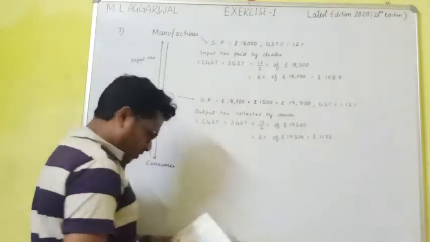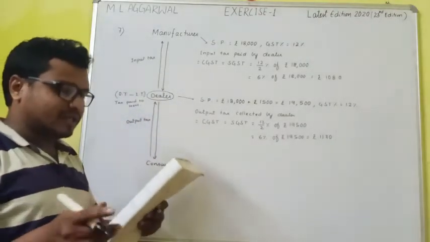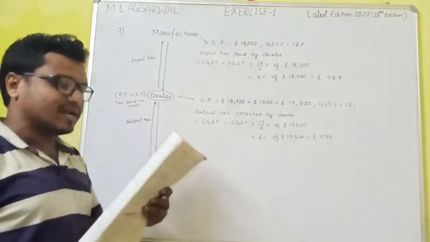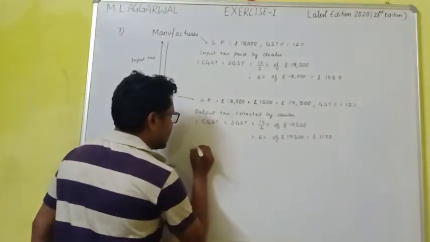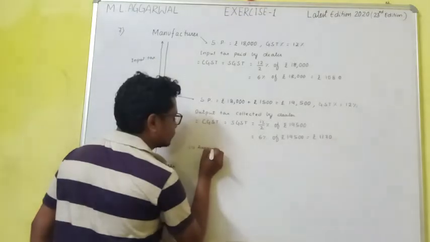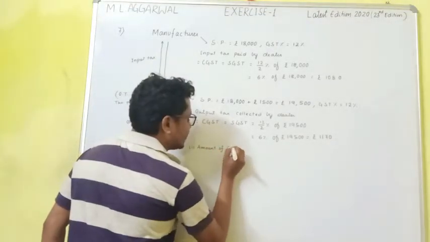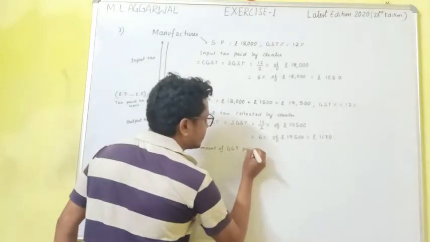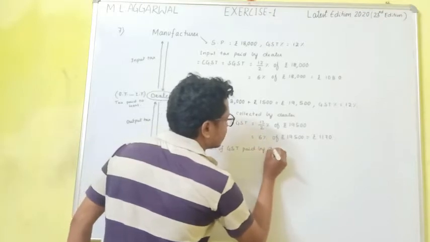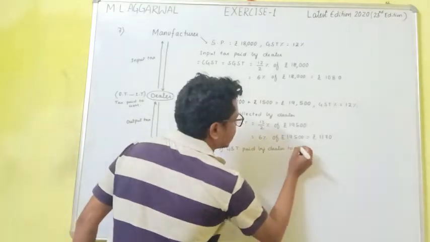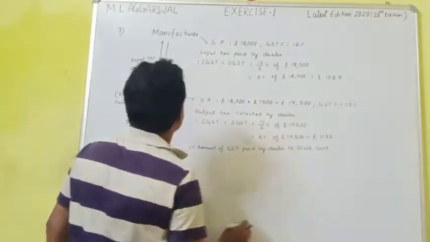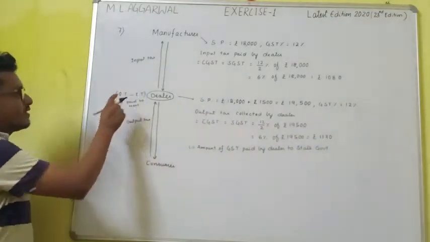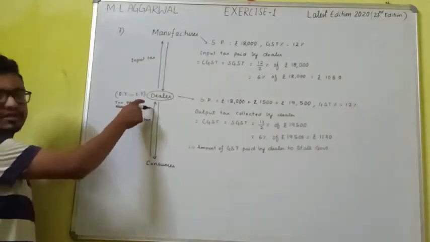So now part 1, what is the amount of GST paid by dealer to state government? As I have told you earlier, output tax minus input tax will be the tax paid to the state government.